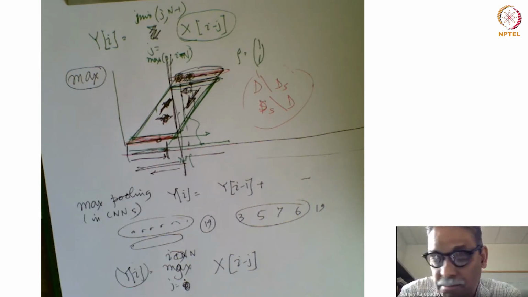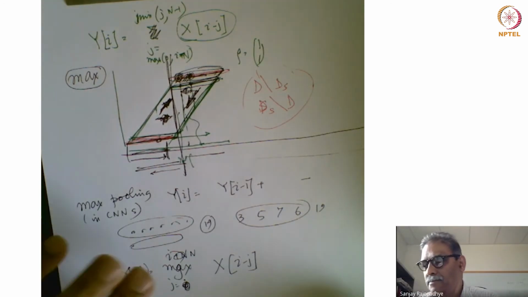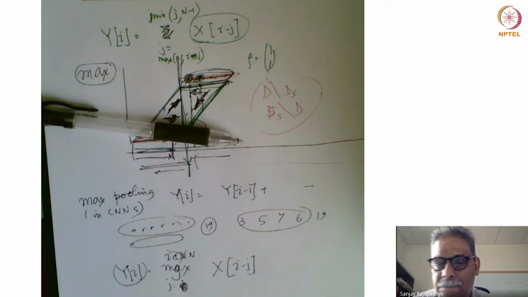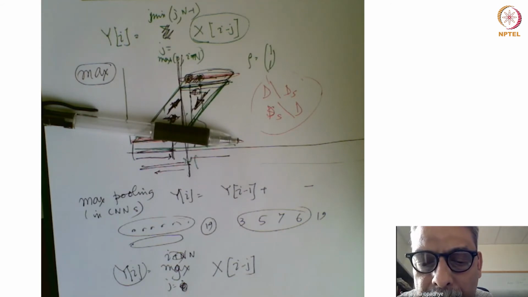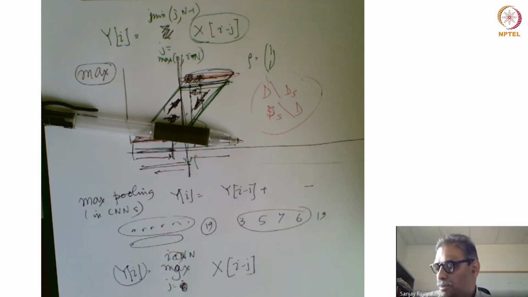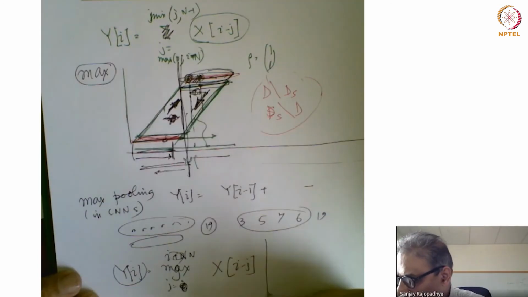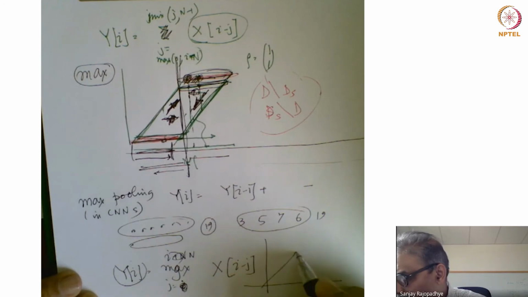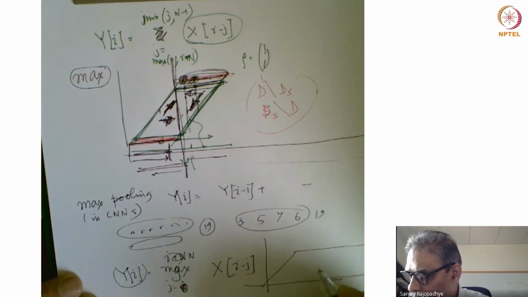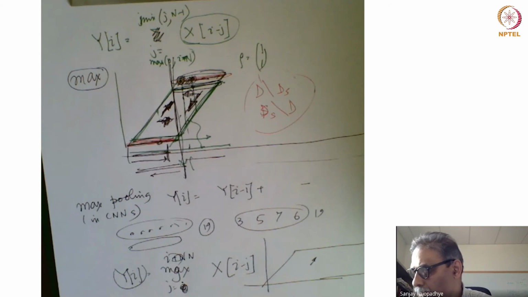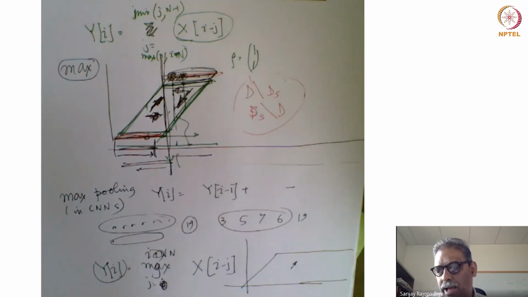Now what? So my domain is like this, right? It's an infinite strip like this. And here is my possible reuse direction, or the reverse of that.